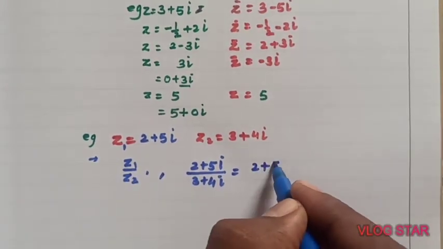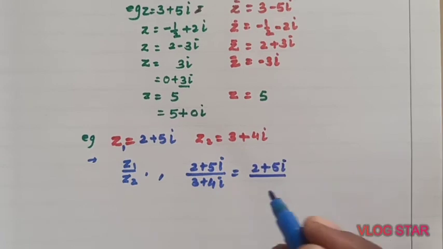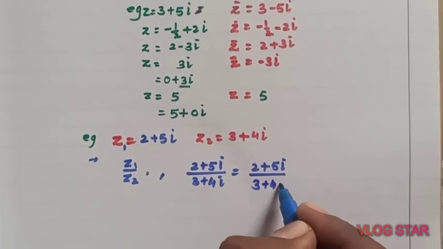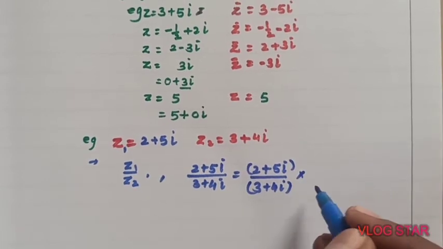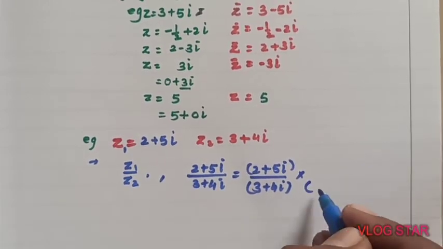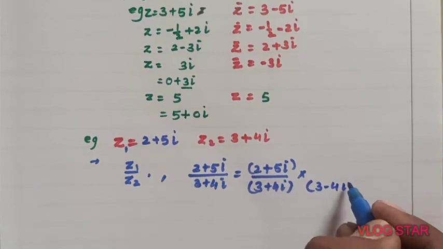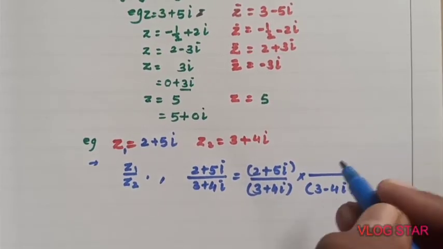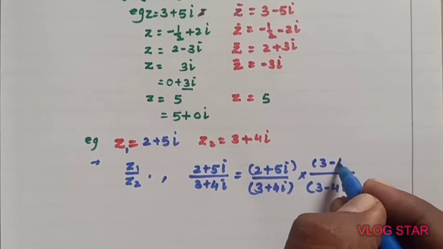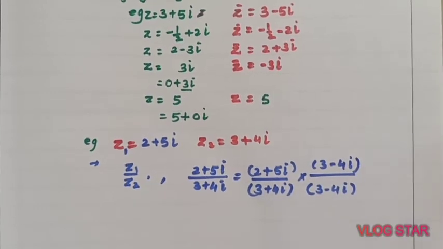First of all we will copy this as it is. Conjugate of 3 plus 4i is 3 minus 4i, the same conjugate. You have to multiply in the numerator also.